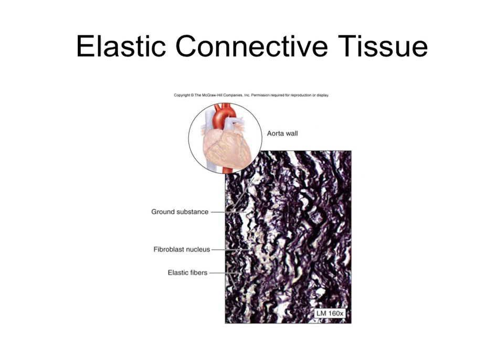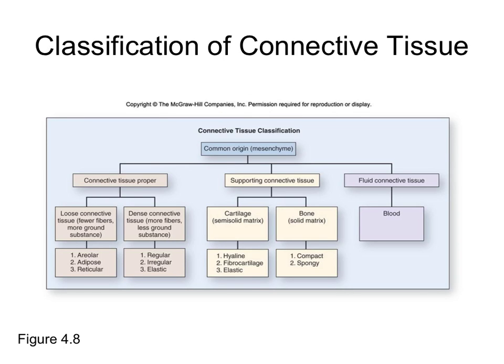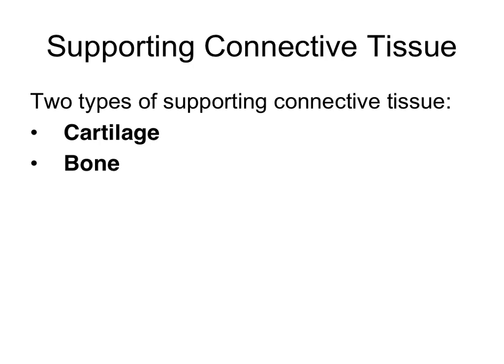Little tiny bit of ground substance. Here's some cells. All right, elastic. Okay, so we finished with connective tissue proper, loose, dense, three kinds of loose, areolar, adipose, and reticular, three kinds of dense, regular, irregular, and elastic. We're going to move on now to supporting connective tissue. Okay, supporting connective tissue, two kinds, cartilage and bone.